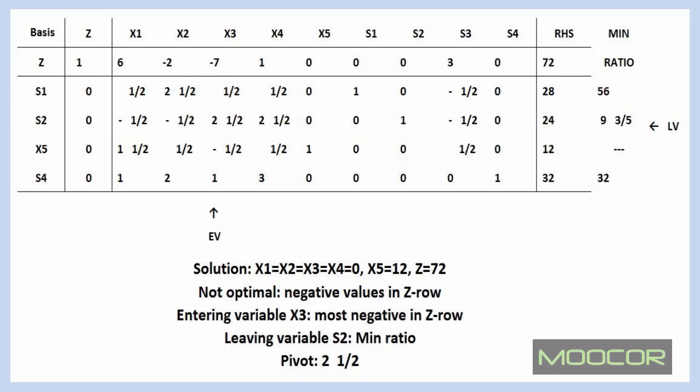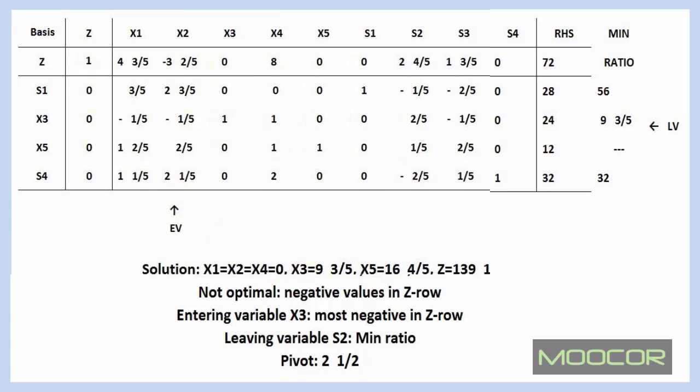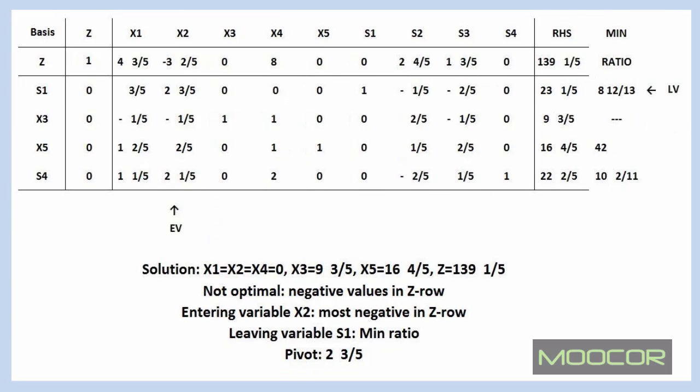In this tableau, again, I will notice that the solution is not optimum. In the 0 row under x2, I have a negative value. So x2 is my entering variable, and through min ratio, I identify S1 to be the leaving variable.